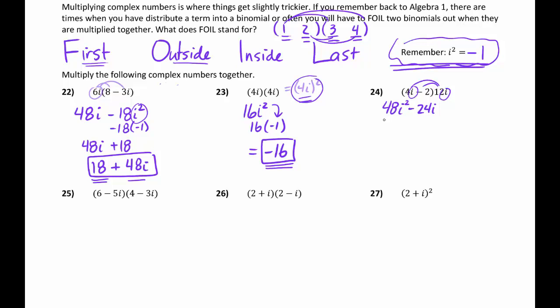And so actually, this first piece is 48 times negative 1. The i's shouldn't interact with the other term because they are not the same size for their imaginary number. 48 times negative 1 is negative 48 minus 24i, and that is it.